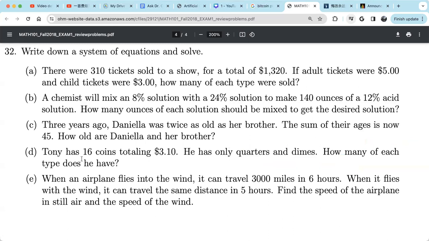Right, now let's see D. So Tony has 16 coins, totaling $3.10, and he has only quarters and dimes. So we know quarters are $0.25 and the dimes are $0.10.